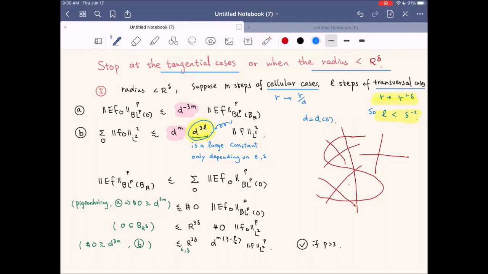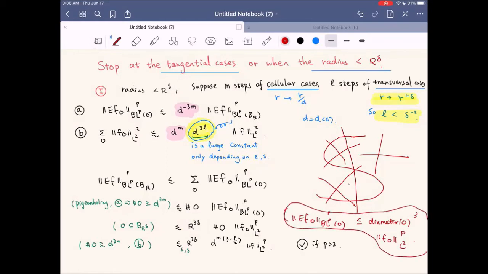For example, those trivial estimates can just be LPO smaller than the diameter of O to the, say, 3 here times FO L2 norm. Those estimates are easy as long as we are willing to lose some power of the diameter.